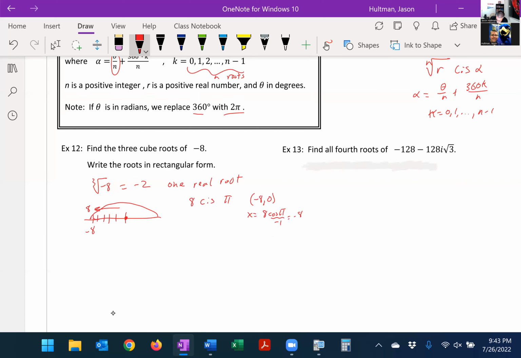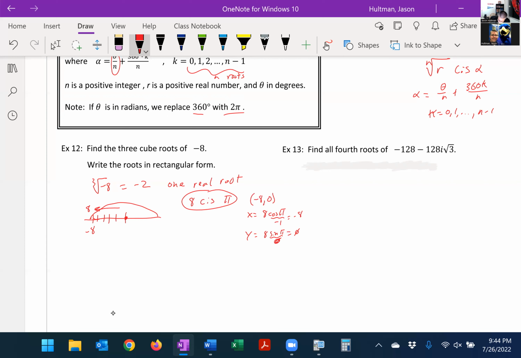That's correct. y is equal to 8 sine pi, and the sine of pi is 0, so 8 times 0 is 0. So that does come out to be the correct point. 8 CIS pi is the trigonometric form of negative 8.